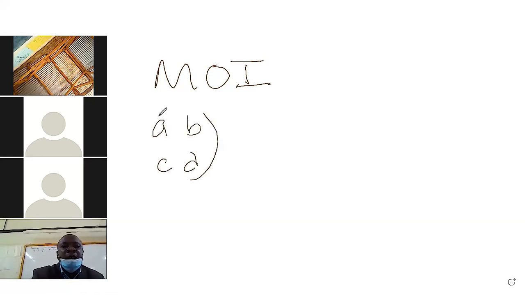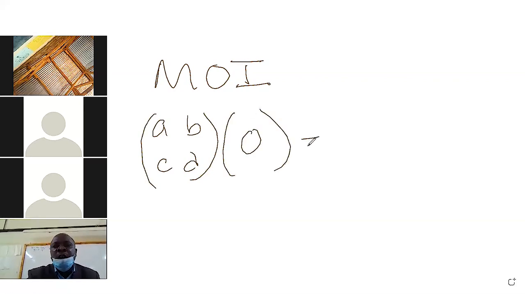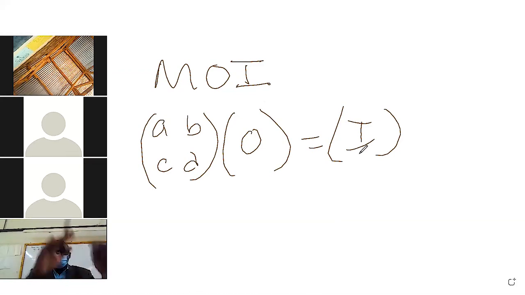So if you have to look for the matrix, you just let the matrix be A, B, C, D. And then you have the object given as a matrix to give you the image given as a matrix. And then you multiply what is on the left-hand side. You are going to have some given values there. So you come up with 4 simultaneous equations: 2 involving A and B, and the other 2 involving C and D equated. And then you solve that, and you finally combine your A, B, C, and D as a matrix.